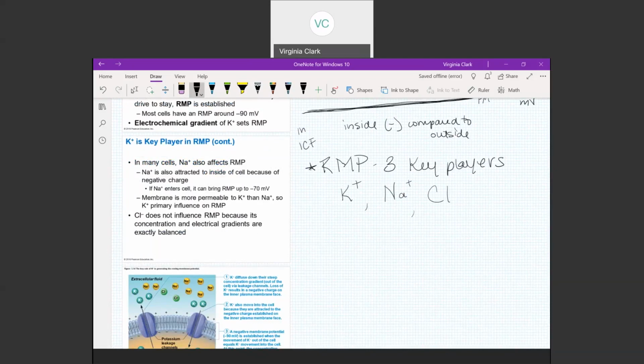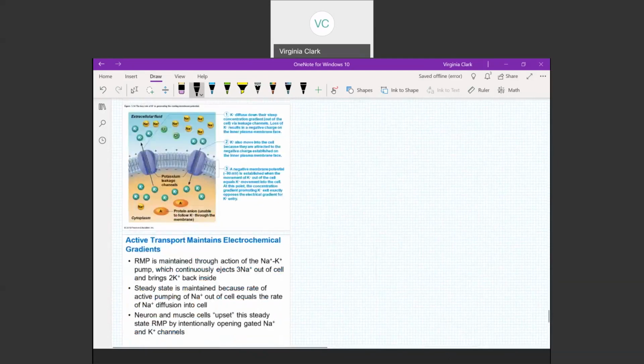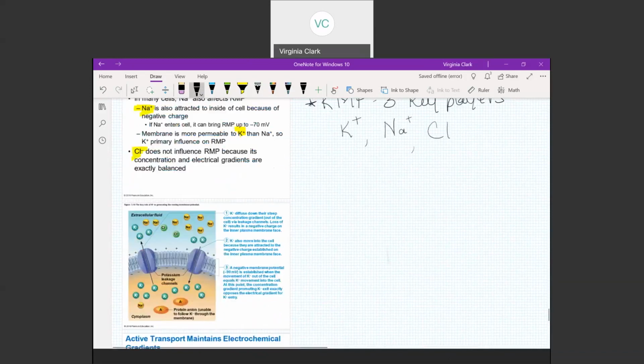So this is a summary. You're going to have sodium, potassium, and chloride. These are the 3 key players, and we're going to talk through how each player creates this membrane potential. So we're going to start right here. How do these 3 key players keep the plasma membrane polarized?